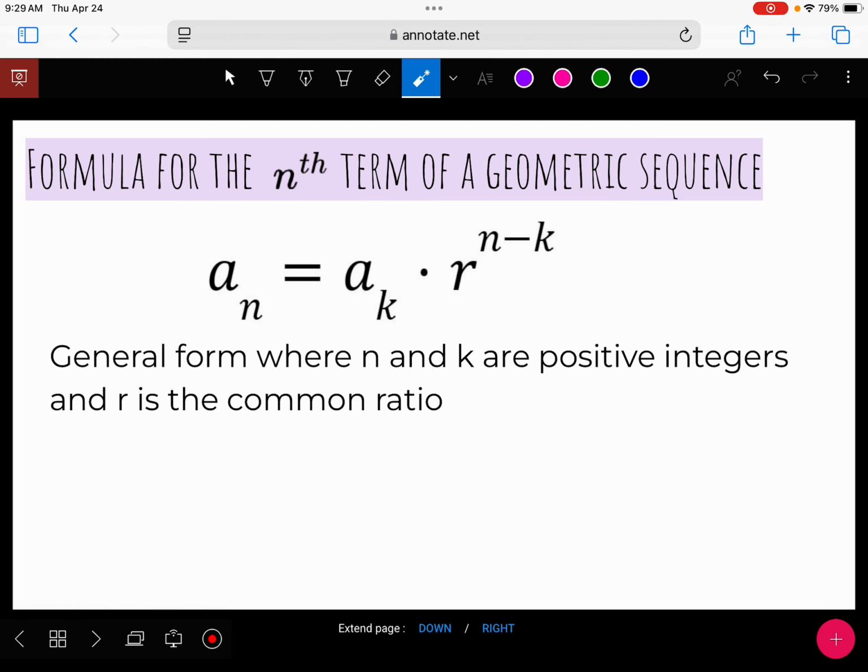So our other formula we're going to need is kind of generic. I can use this to find any term in the sequence. I can find my nth term, my a sub n, if I know a sub k, and we're going to multiply it by our ratio to the n minus k. Again, we could use our a sub 1 with our n minus 1. That's totally okay, too.